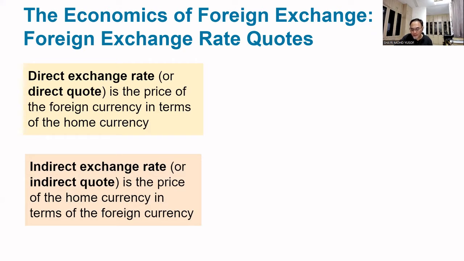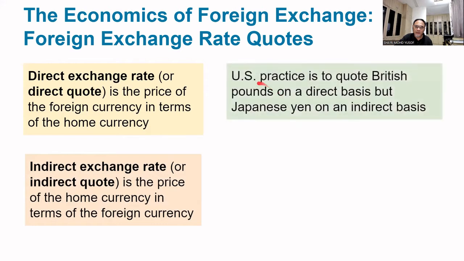And the indirect quote from the US resident perspective is 110 yen per US dollar. It's the reciprocal of this. Normally US practice is to quote the British pound on a direct basis. It depends on how the country decides. Some currencies use a direct basis, but some use an indirect basis.